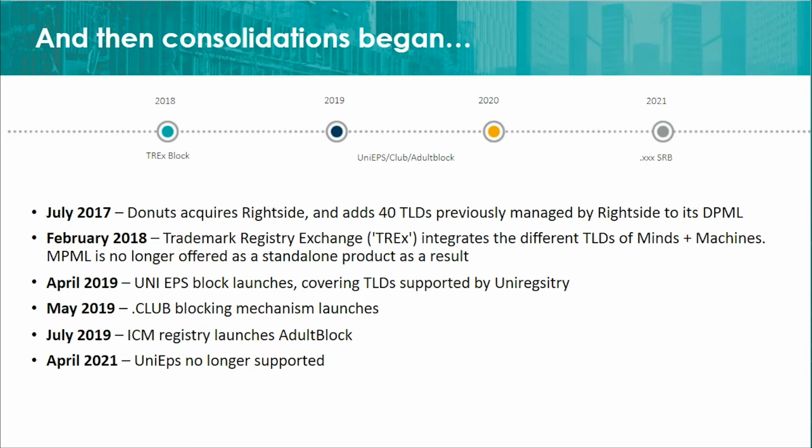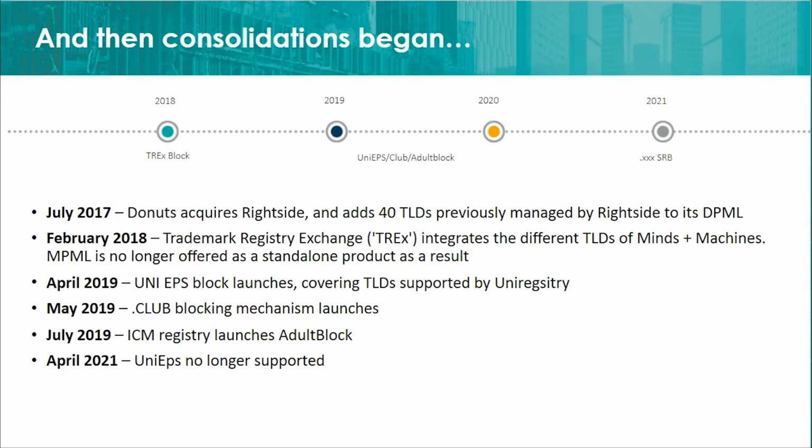In 2019, the Registry started offering a blocking mechanism that covered their extensions. In 2019, also, .club launched a blocking mechanism for their own extension, the .club. And then the AdultBlock registry, which is the registry behind the XXX block as well, added an additional blocking mechanism called the AdultBlock. And then just recently, we've learned additional news about the Registry block now being retired.